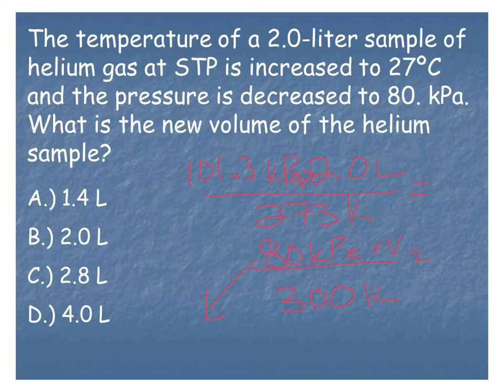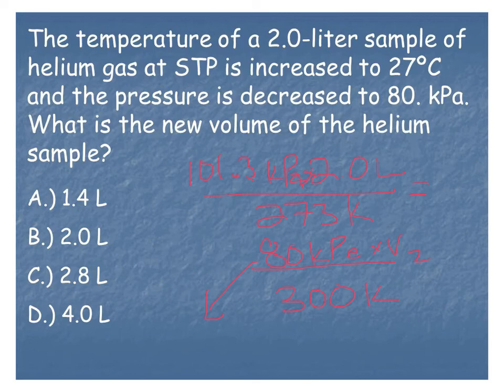And so you can just do that math real quick, and you should get an answer somewhere around 2.8 liters, I believe it is. Let's just try it out here.